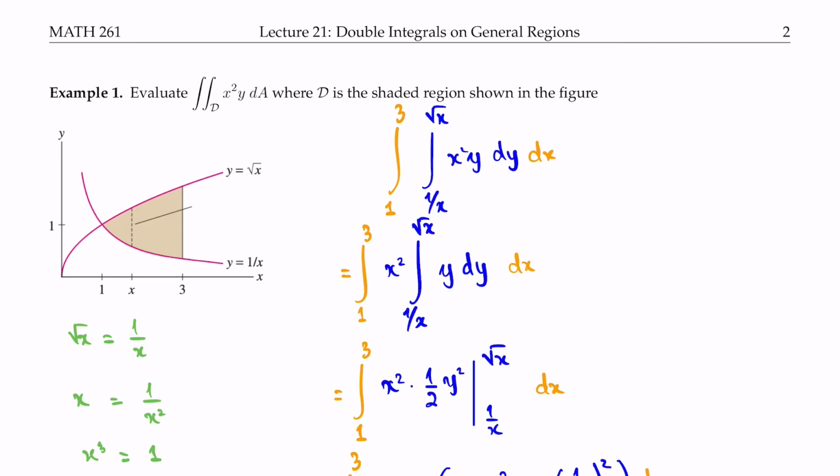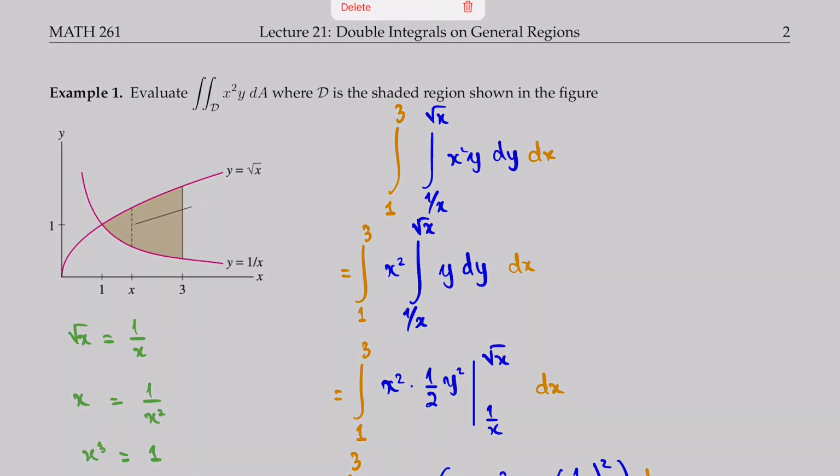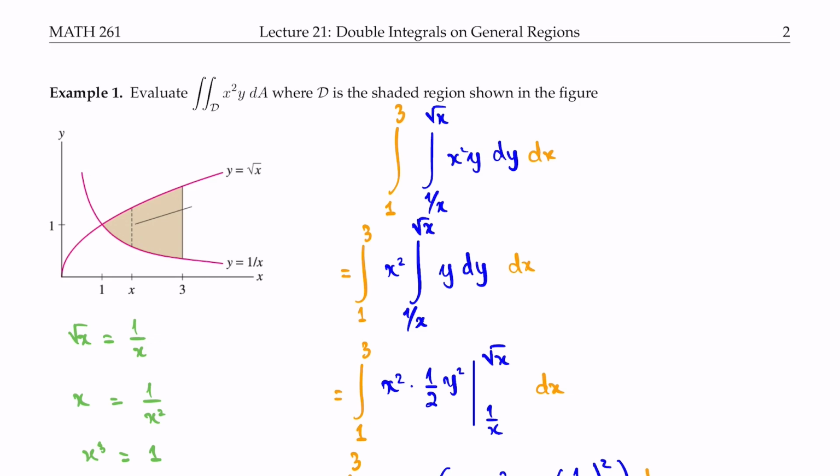If we did, you would put in a horizontal line. When you put in the horizontal line, you encounter a certain problem as follows. For this part of the region, that is fine because x is running from this function to 3. However, if we slide this horizontal line down a little bit and meet this intersection point, then the limit of integration is going to run from 1 to 3.